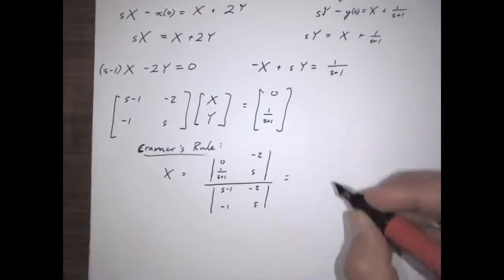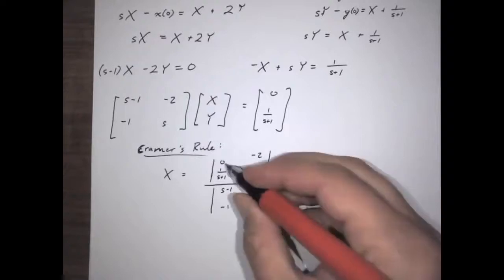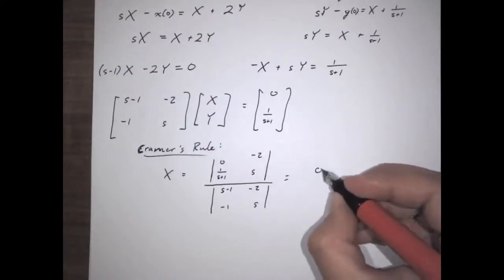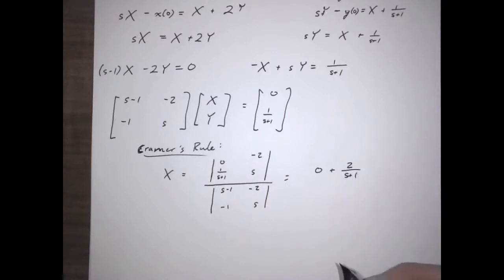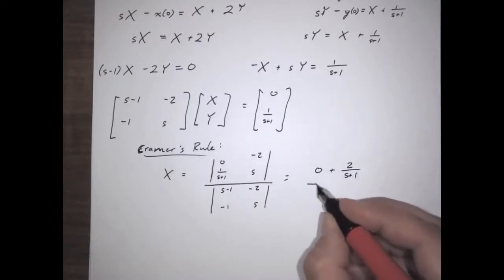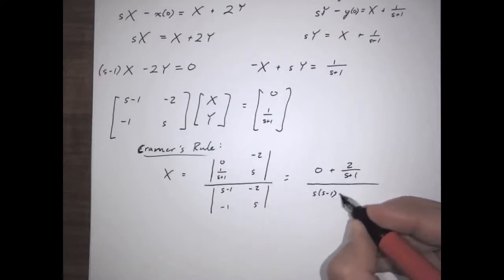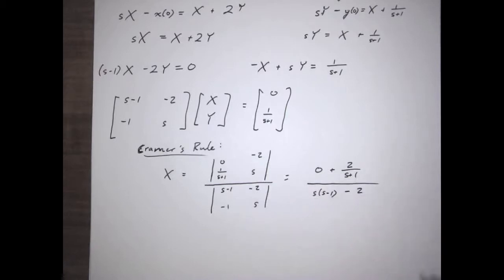So then using the typical definition of a determinant, what I will have here is 0 times s plus 2 over s plus 1, divided by s times (s minus 1) and then minus 2.